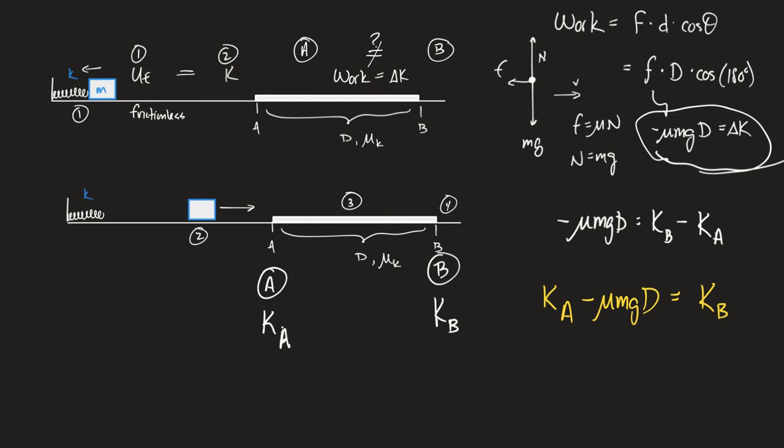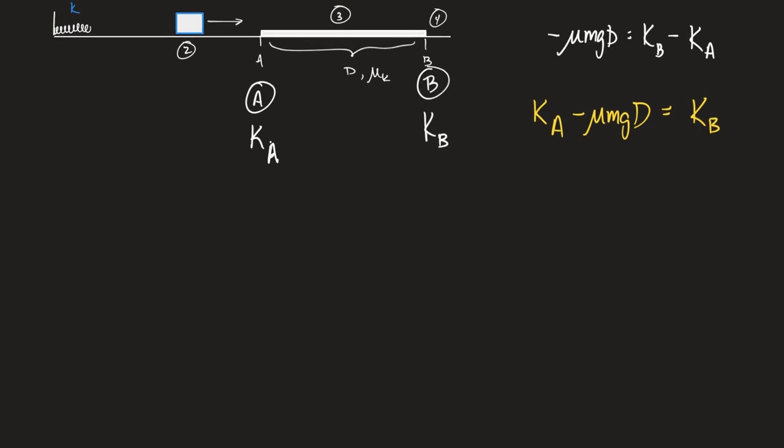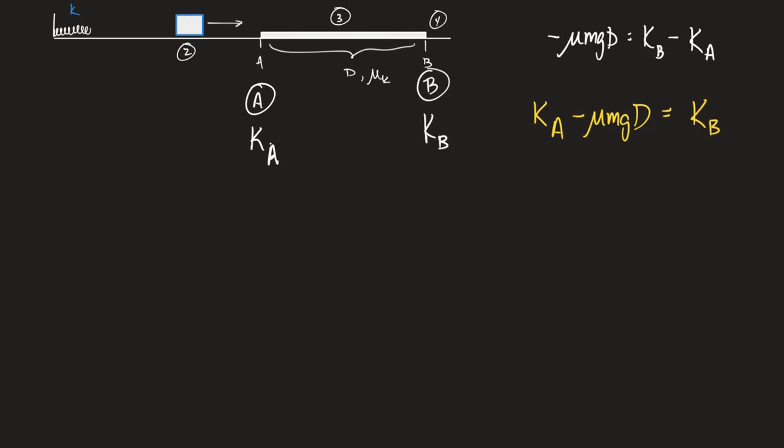Now, here's the thing. If we think all energy is conserved, if that's something that you like, that is in your mindset, then you could say that Ka minus the work done by friction has to equal Kb, and say that this is a conservation of energy problem.